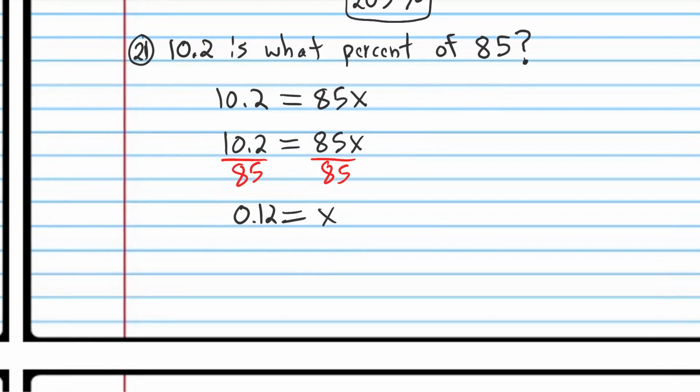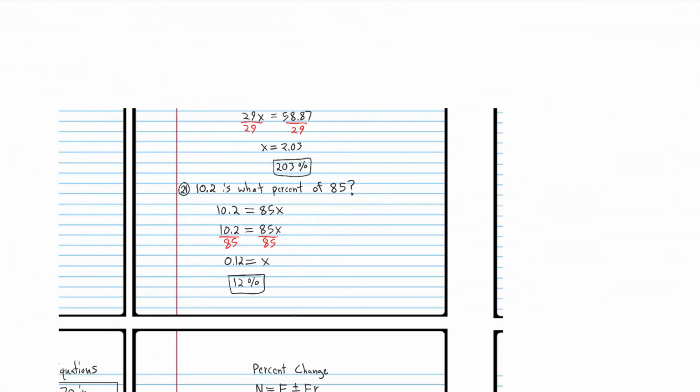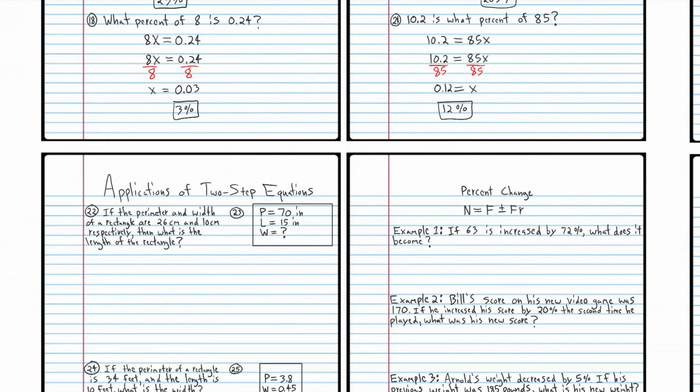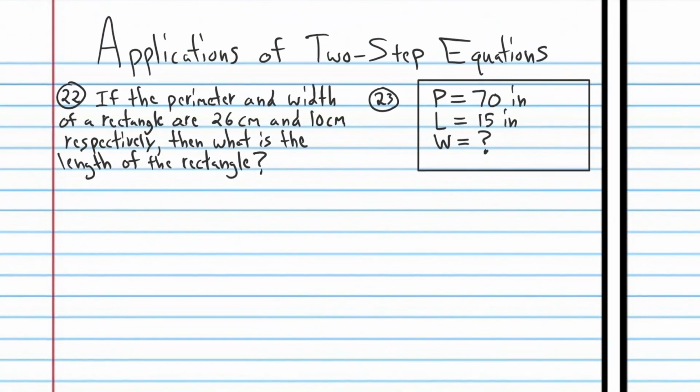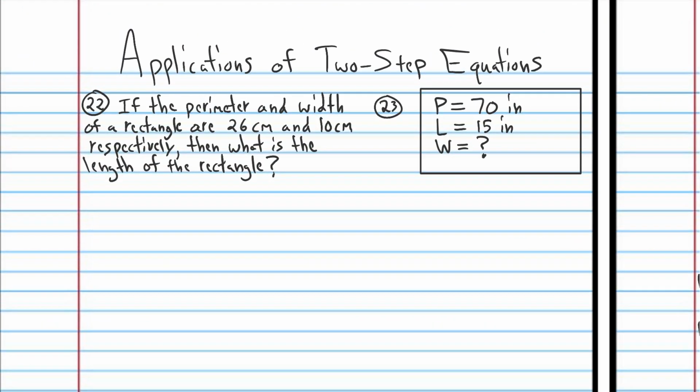And so we want to know what percent, so we have to move the decimal over, and we get 12%. So we got 12%, good job. All right, so now we're going to go on to two-step equations. Those were all one-step equations. So we're going to go to two-step equations now.